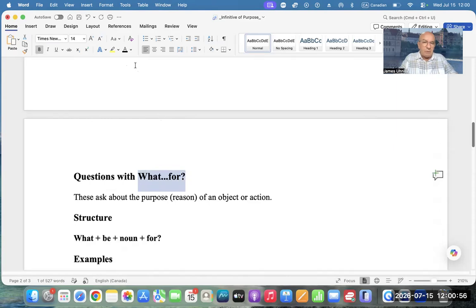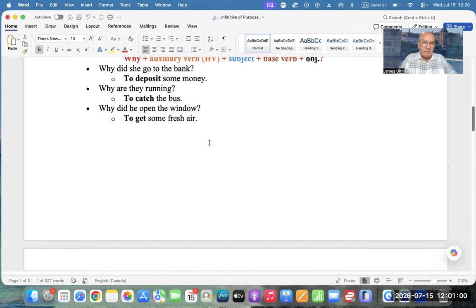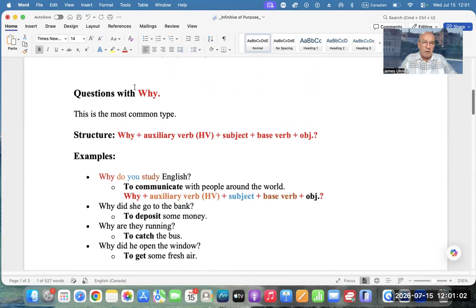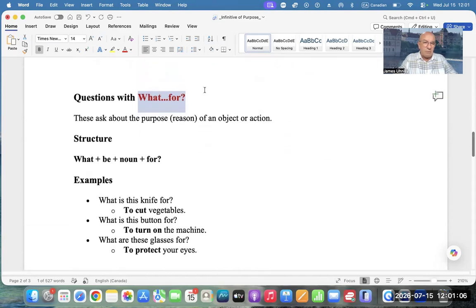What for? Let's make it red. Just like the previous one, we ask for why. So now we have what for. This asks about the purpose or reason of an object or action.